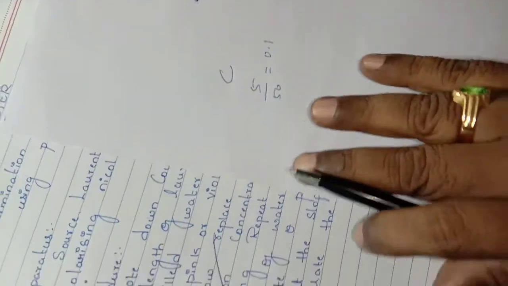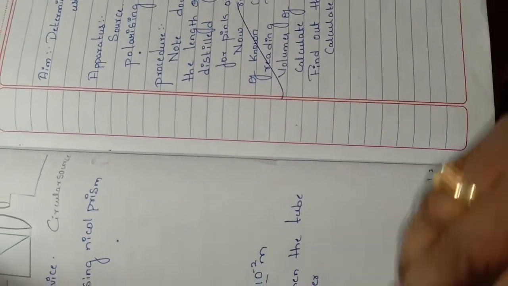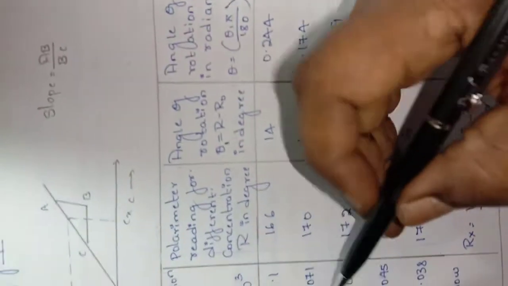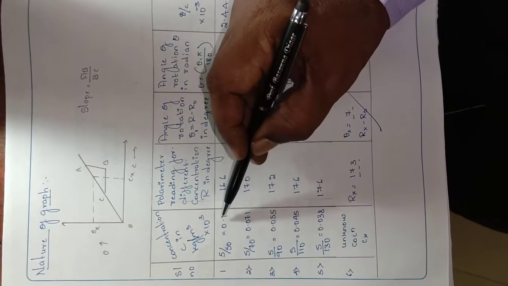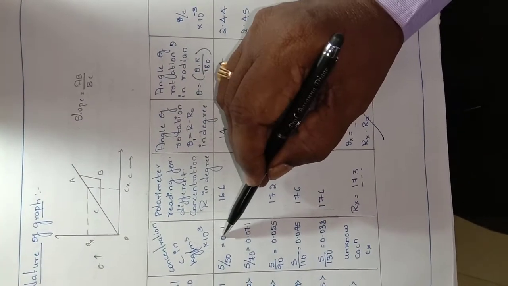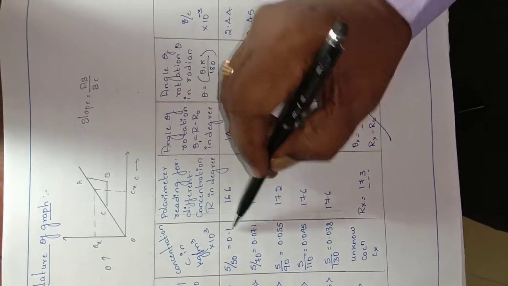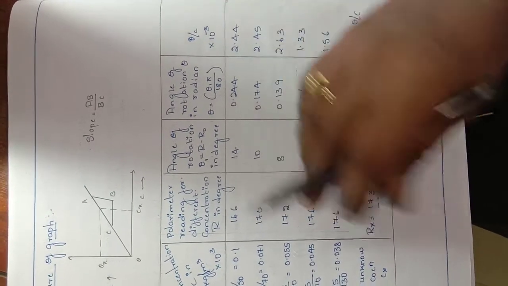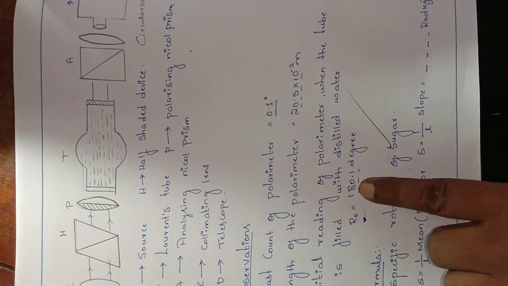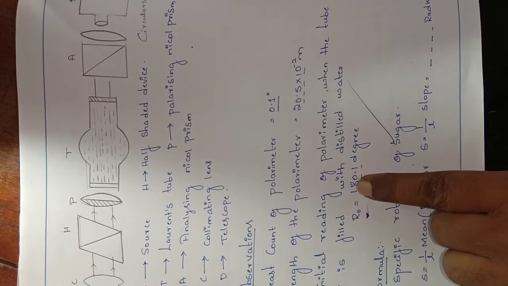I have shown and calculated all the concentrations. These are the concentrations. For this 0.1 concentration, note down the reference values. Again, first we take the initial values for distilled water.